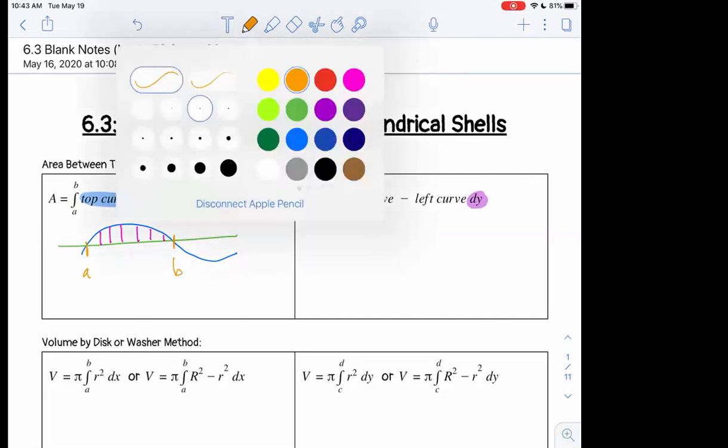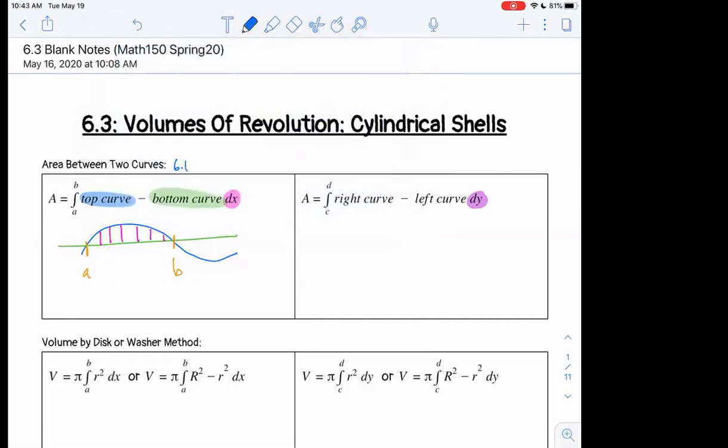Now, if we were to think about how we could change this picture to make it more visually like, yes, I should use dy, what would you do to this picture? Make the curve along the y-axis instead of x?